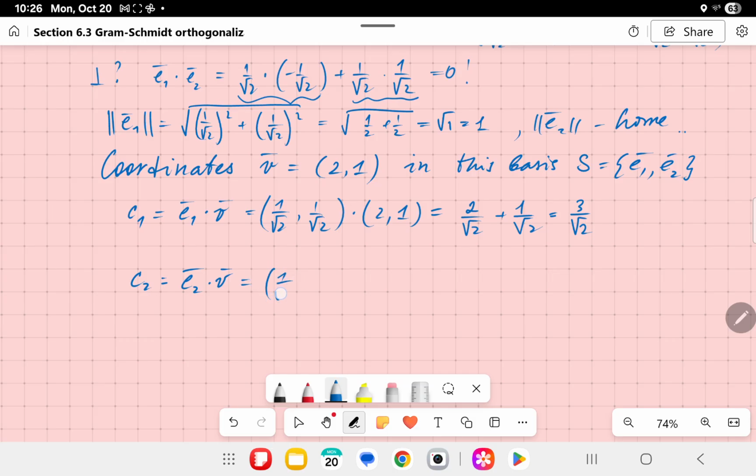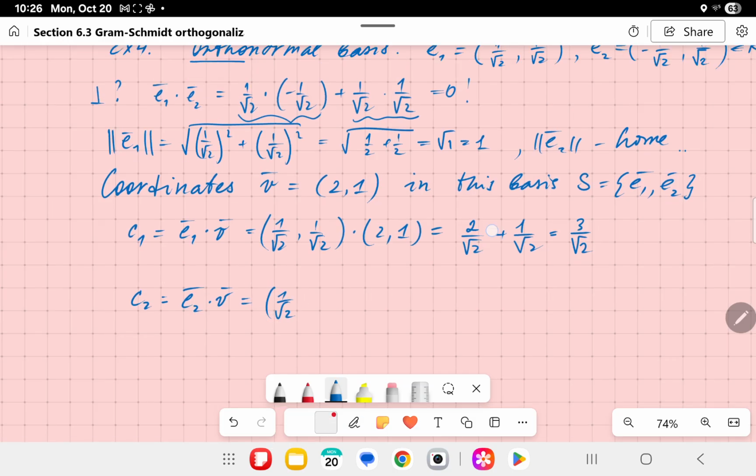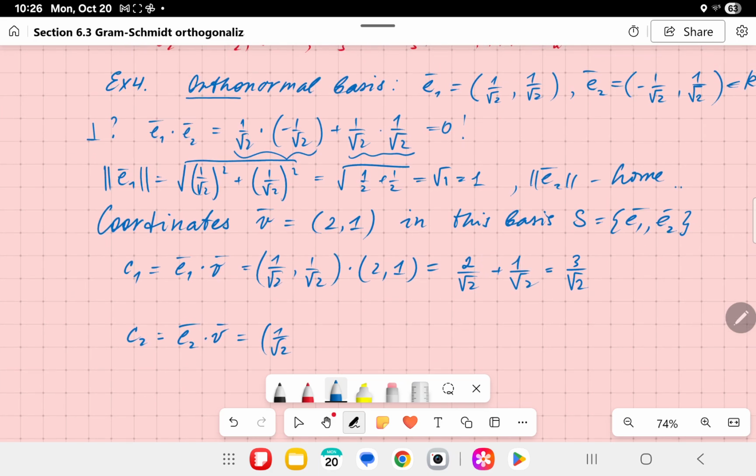And C2 is E2 dot V. That's going to be 1 over square root of 2 with a minus, I think, right? Let me double check where my vector is. Yeah, it has a minus over here. So minus 1 over square root of 2, and the same vector 2, 1.